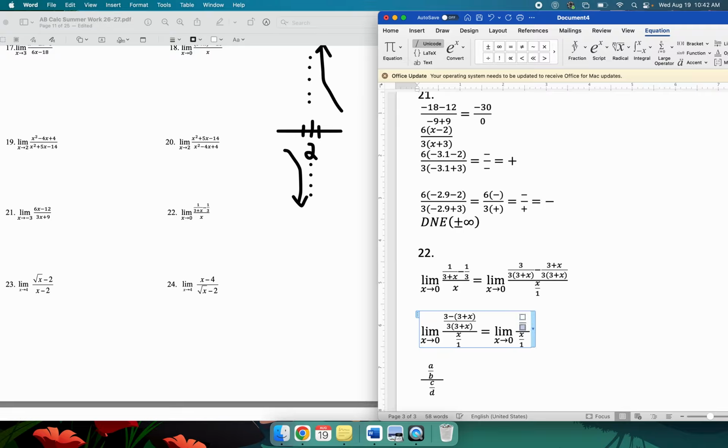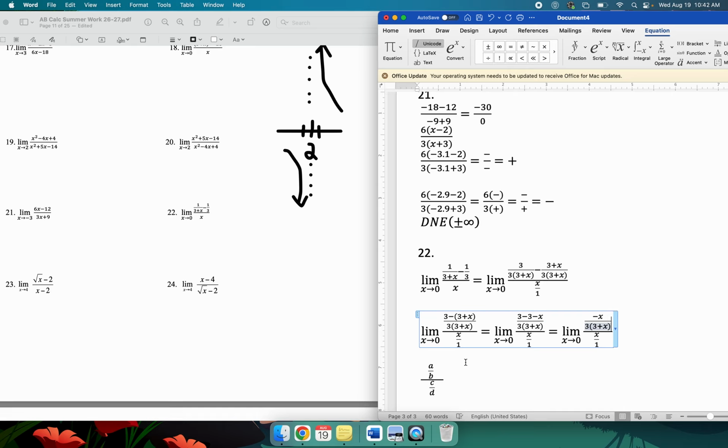Having done that, when I distribute the minus sign, I get 3 minus 3 minus x over 3 times 3 plus x, which gives you limit as x approaches 0, x over 1, and the numerator I have negative x over 3 times 3 plus x.